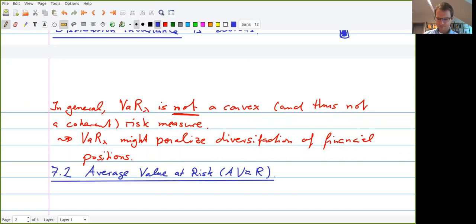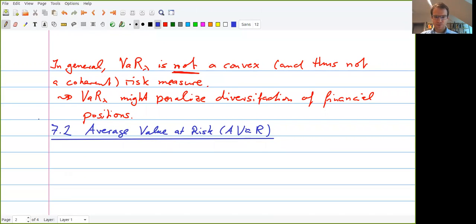Right. So the aim is to get a convex or coherent risk measure, and there are several ways to ensure this, closely related to the value at risk.